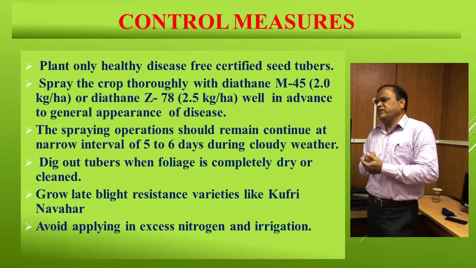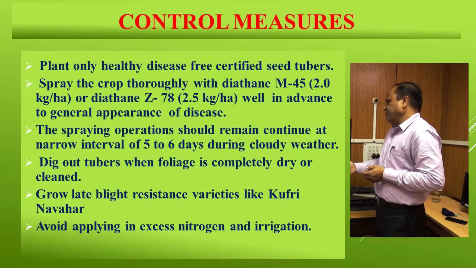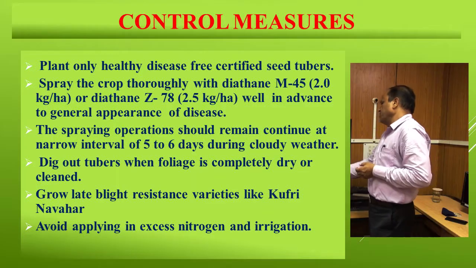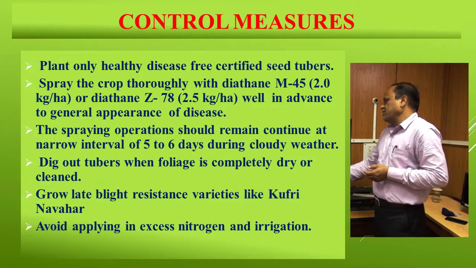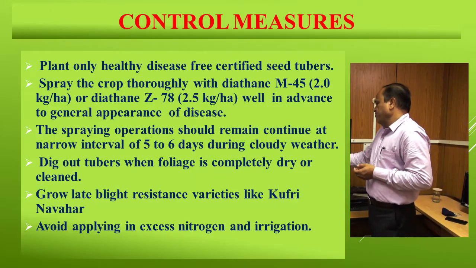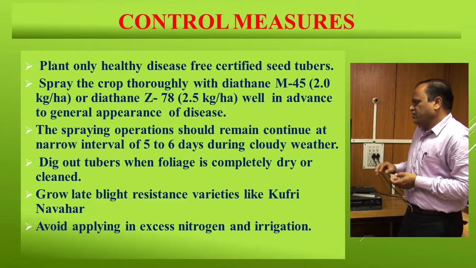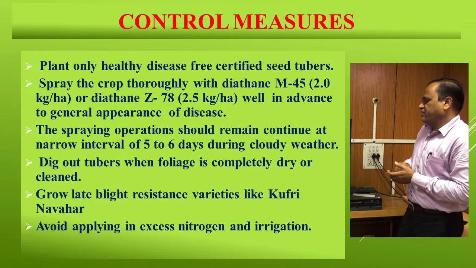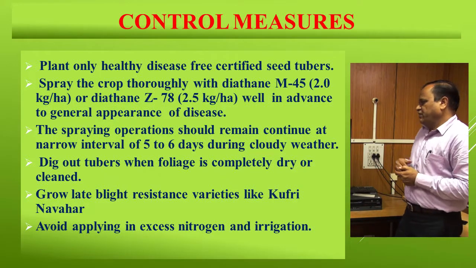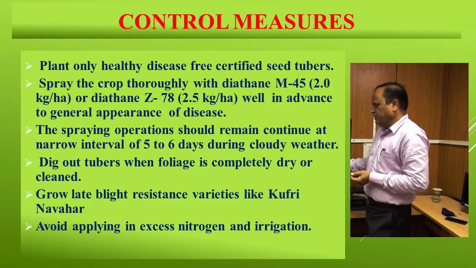So if you find that there is cloudy weather, then in anticipation, spray Dithane M45 at 5 to 6 days interval. Dig out tubers when the foliage is completely dry or clean.